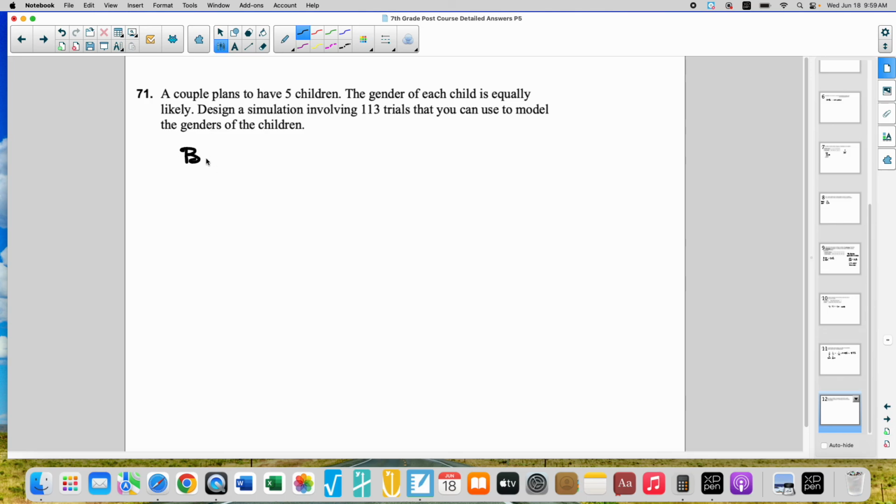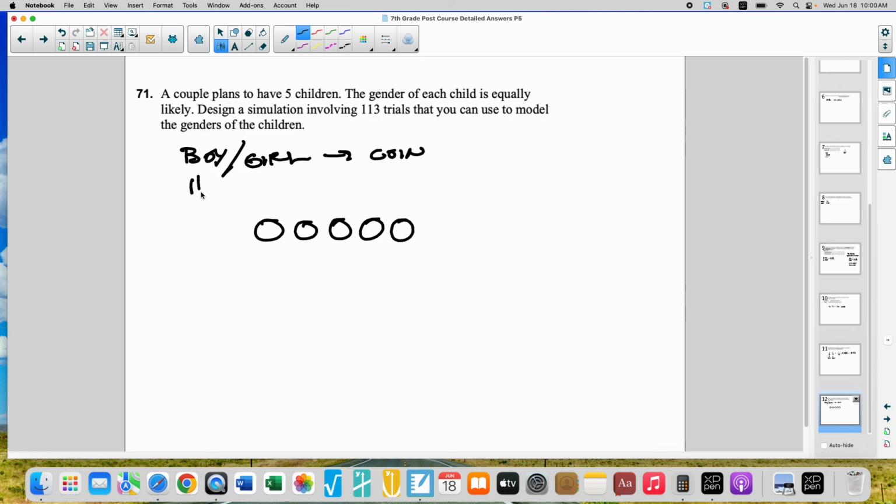Our choices are boy or girl. You don't have a 2-sided die, but you do have a coin. So a coin could represent a boy or girl.